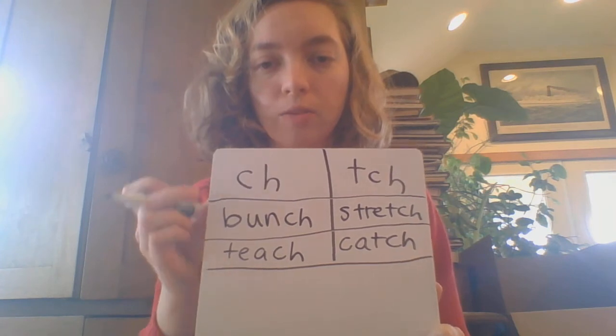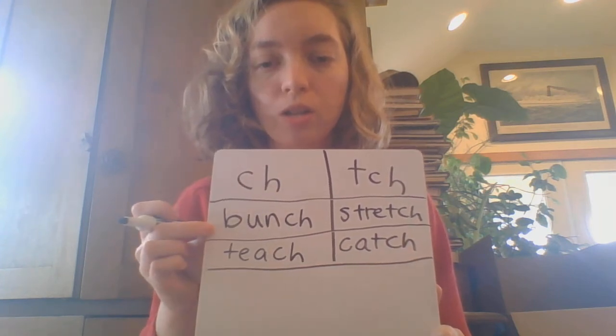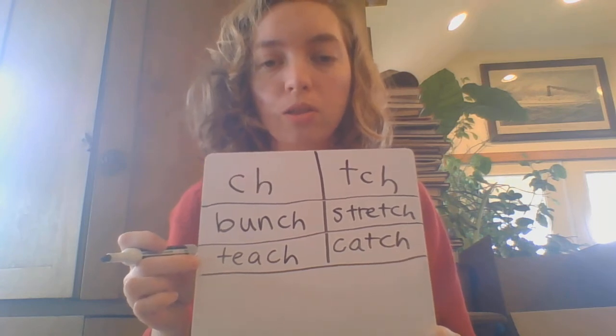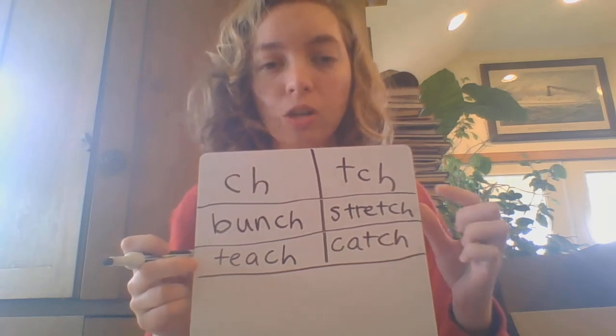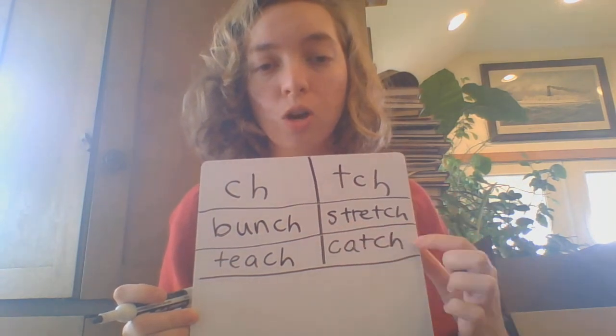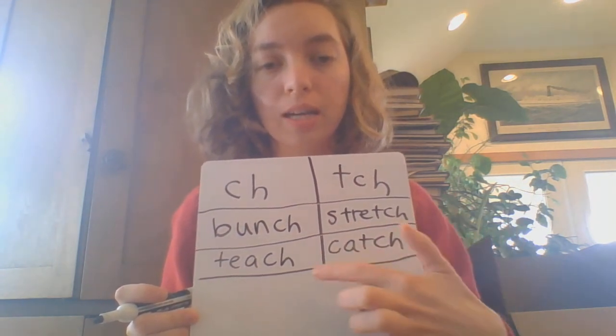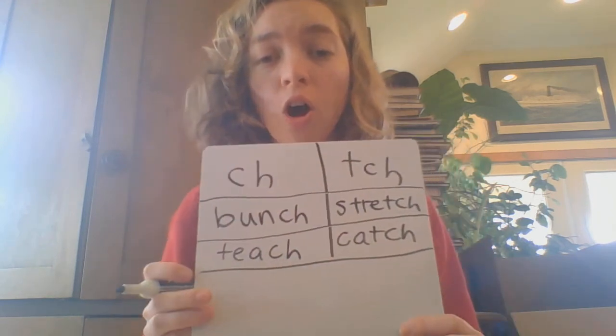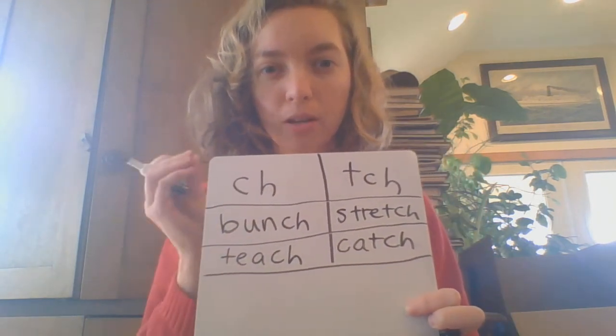Let's read them together. First, the CH words. 1, 2, 3, bunch. 1, 2, 3, teach. 1, 2, 3, stretch. 1, 2, 3, catch. Okay? So all of these words have different middle sounds.